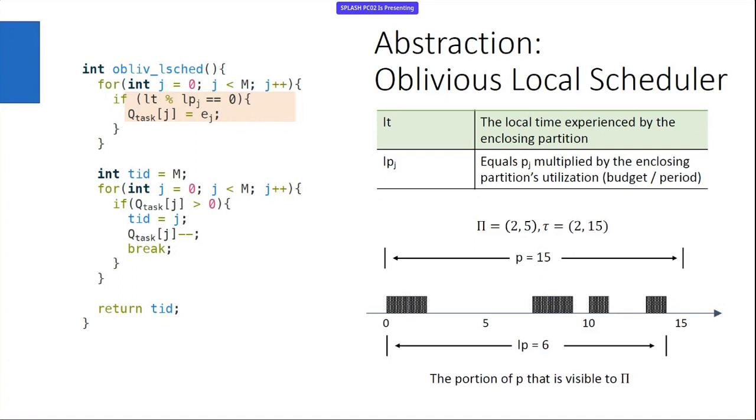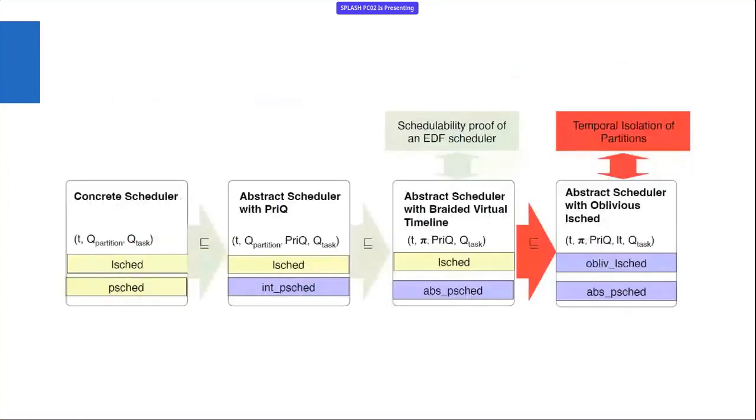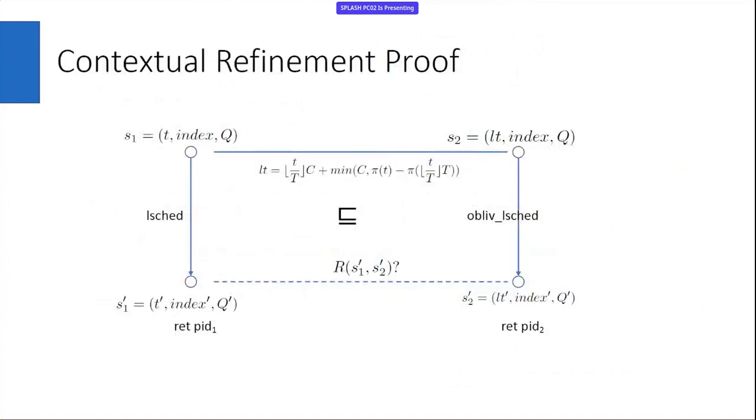So if you do this, you can see that the local scheduler does not rely on the global time, and it's an oblivious local scheduler. And indeed, through this, we can verify that the schedule of every task inside each partition has the temporal oscillation property.